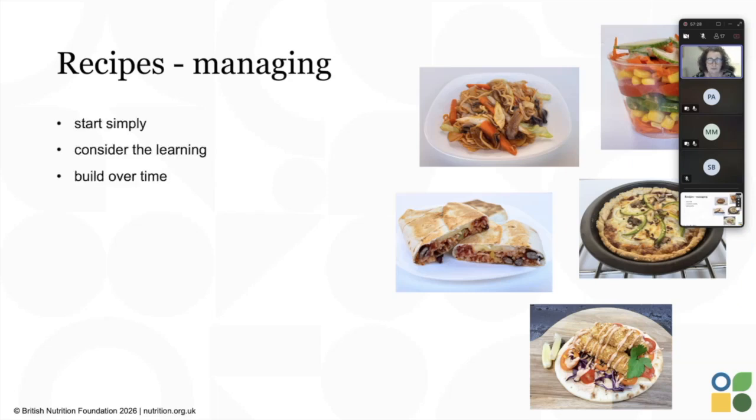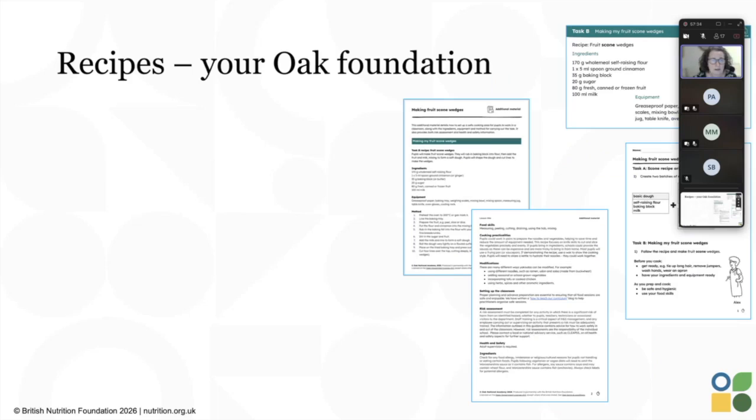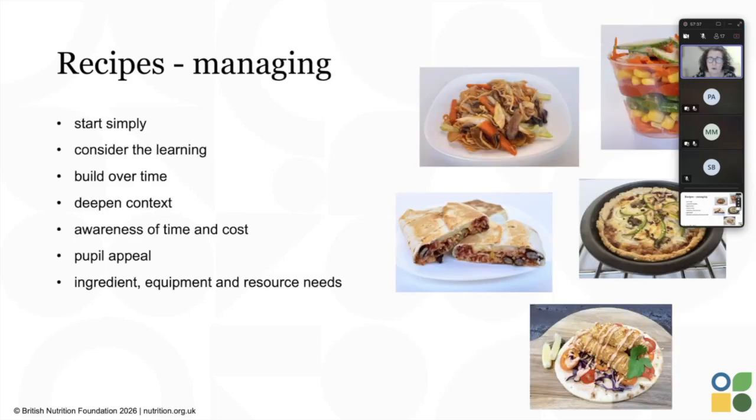But then also what we do need to think about is the management of those recipes, those practical activities. Roy and I are both ex-secondary food teachers. Sam is an ex-head of D&T in a school, and he taught food as well at secondary level.